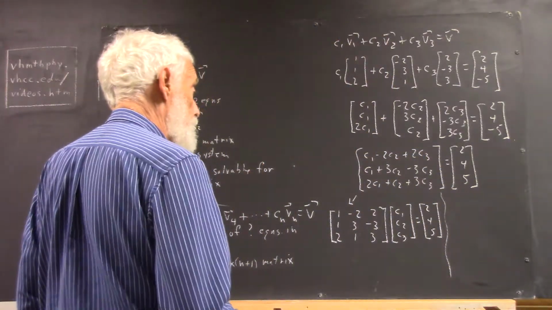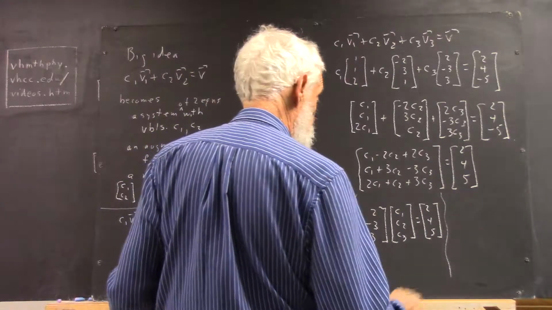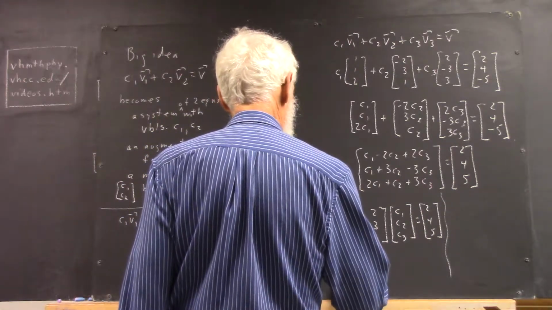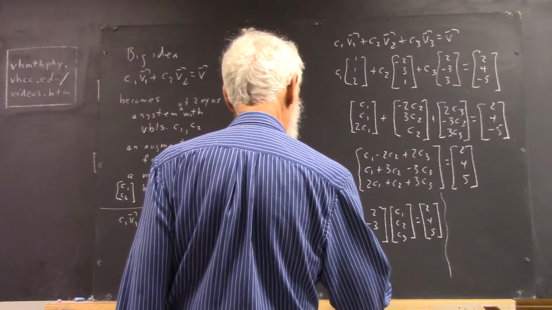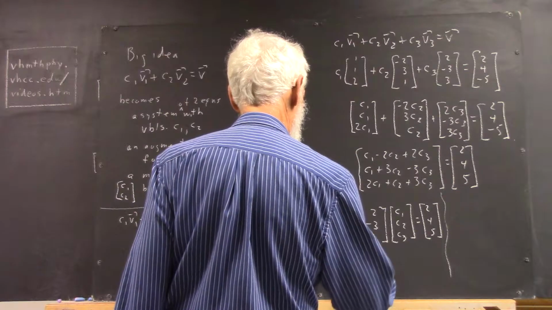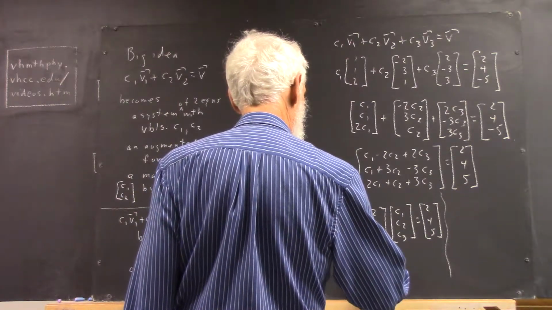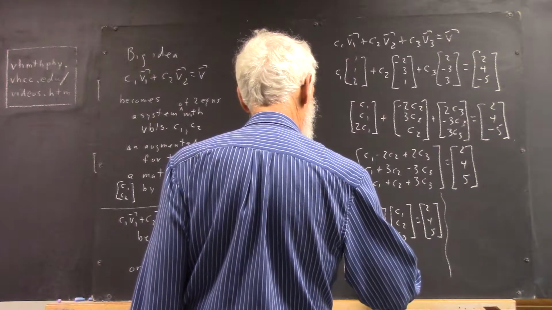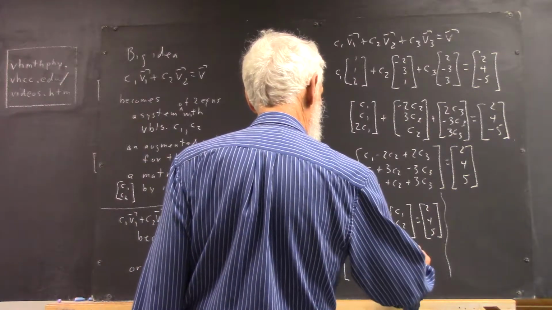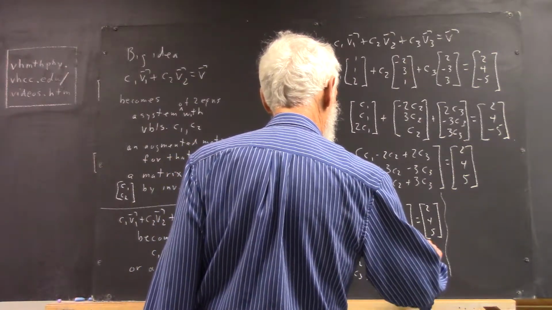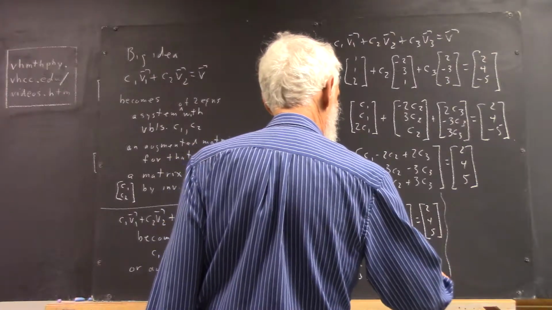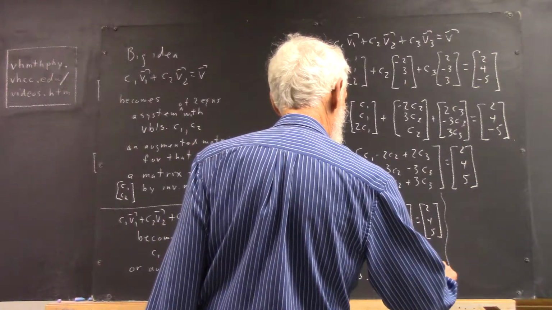And this is of the form AX equals B. And we multiply both sides by A inverse, as we've seen for examples with 2 by 2 matrices. So X equals the inverse of this matrix multiplied by 2, 4, 5.